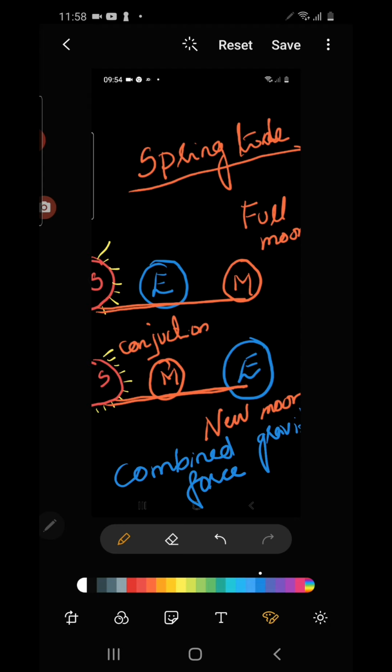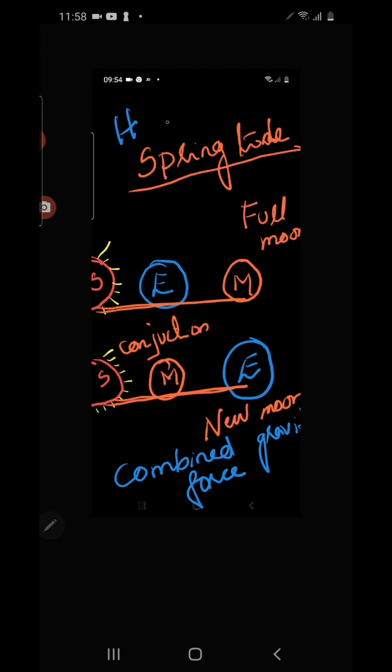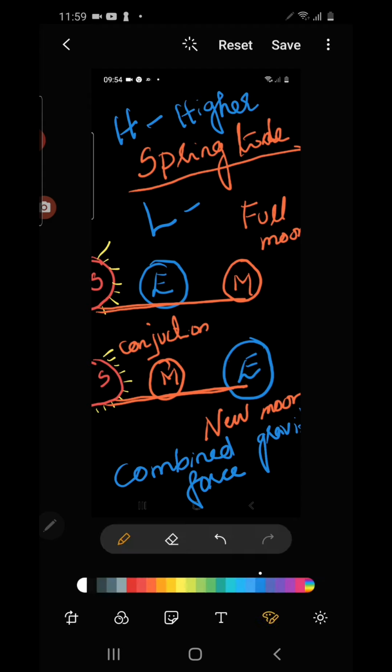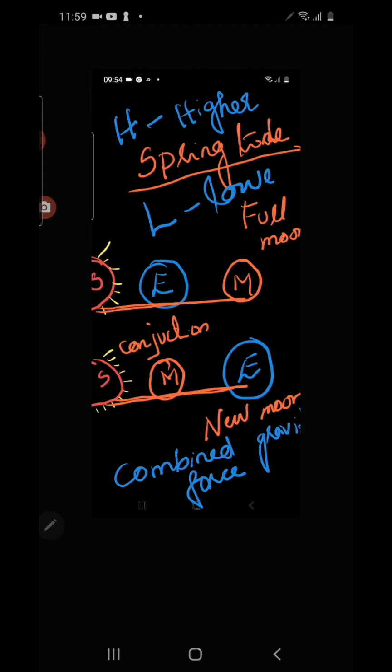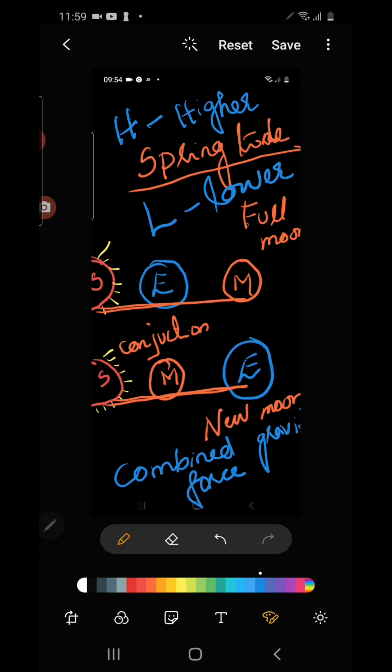Because of the combined gravitational force, the gravitational pull is much more than on normal days. So high tide will be higher than the normal high tide, and low tide will be lower than the normal low tide. Is it clear?